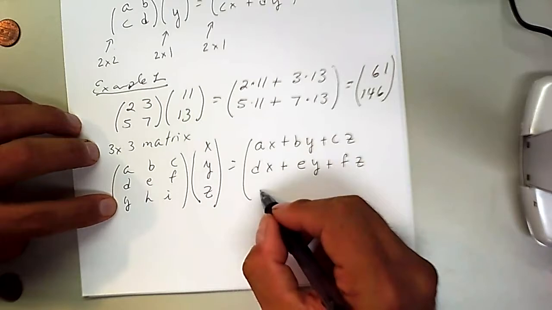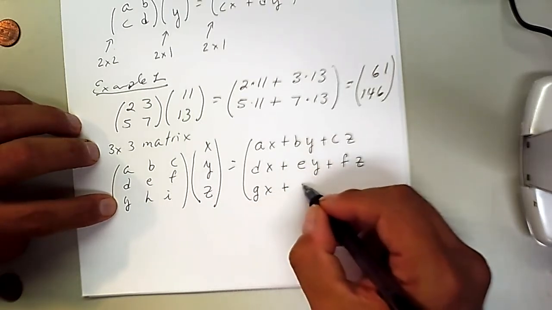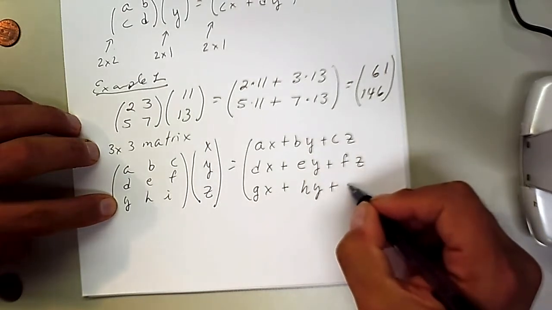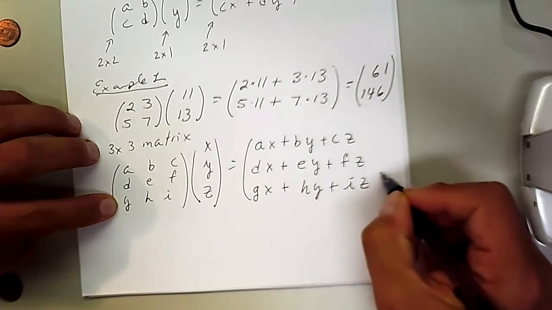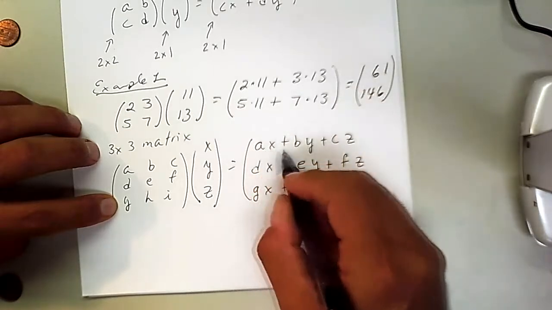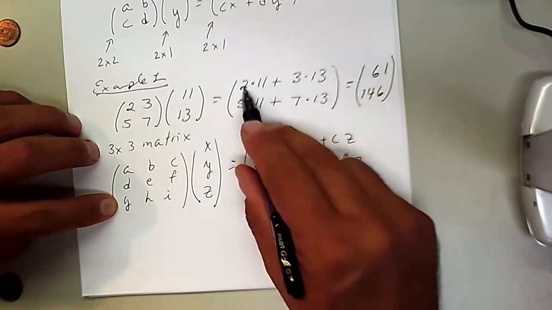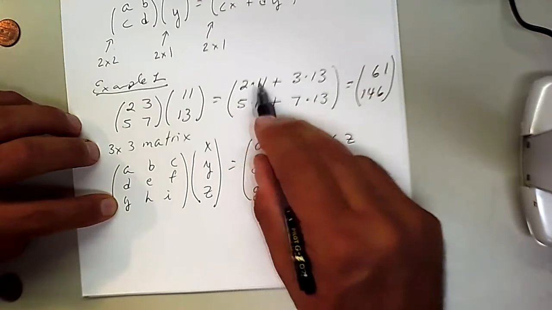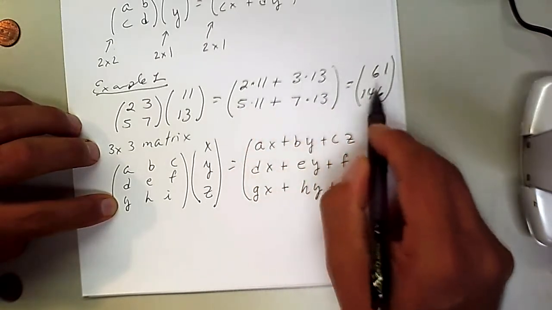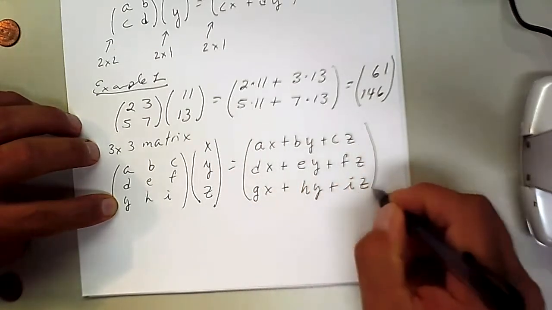And then we have GX plus HY plus IZ. Now, all of that gets consolidated into one number because we're adding all of those products. Just like here, that was 4 numbers. We multiplied 2 and 2, and then we added the corresponding products. Same thing here, except that we're going to add 3 products.